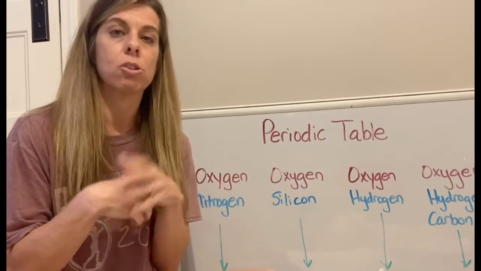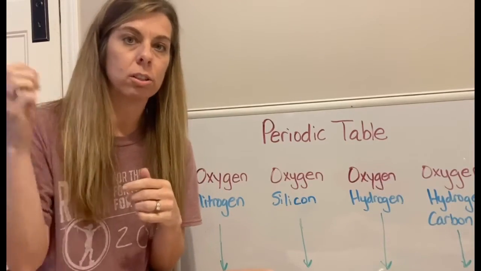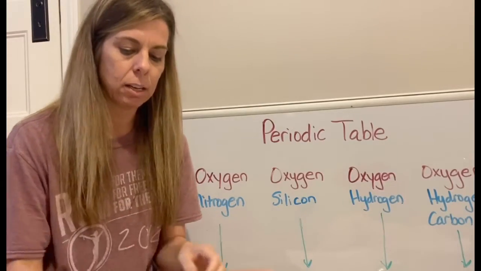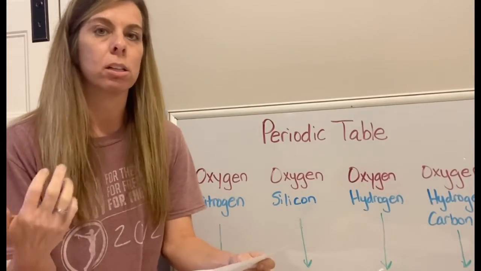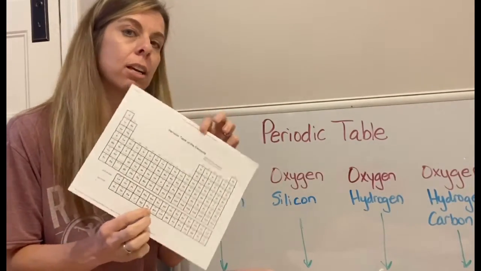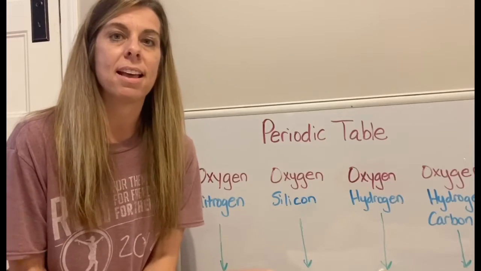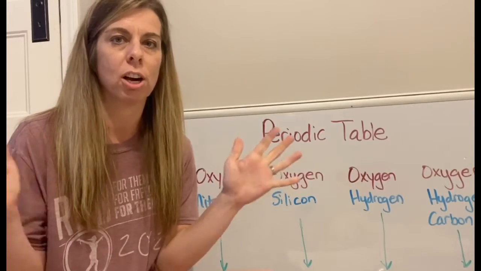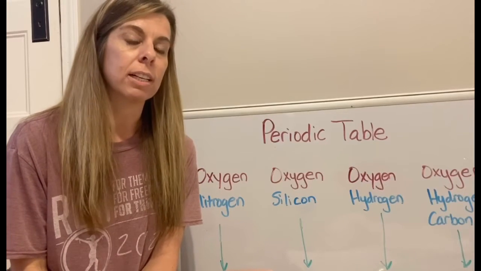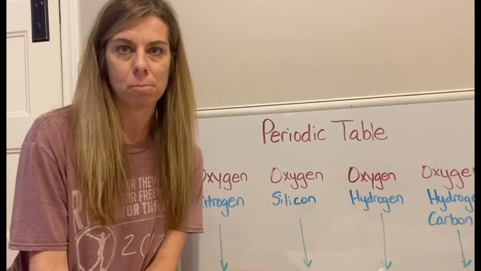There's a sheet that you can fill out to answer the clues. To take on some extra challenges, identify whether it's a metal or a non-metal or where it is on the chart. So you can take on whatever challenges you want and then see if you can post a picture of all your objects that you've collected around your house that are all different examples of different elements on our periodic table.